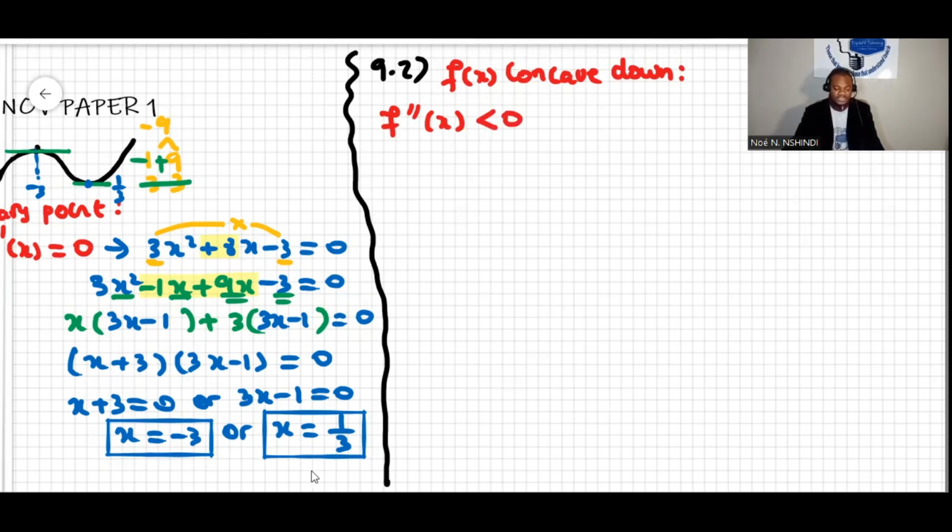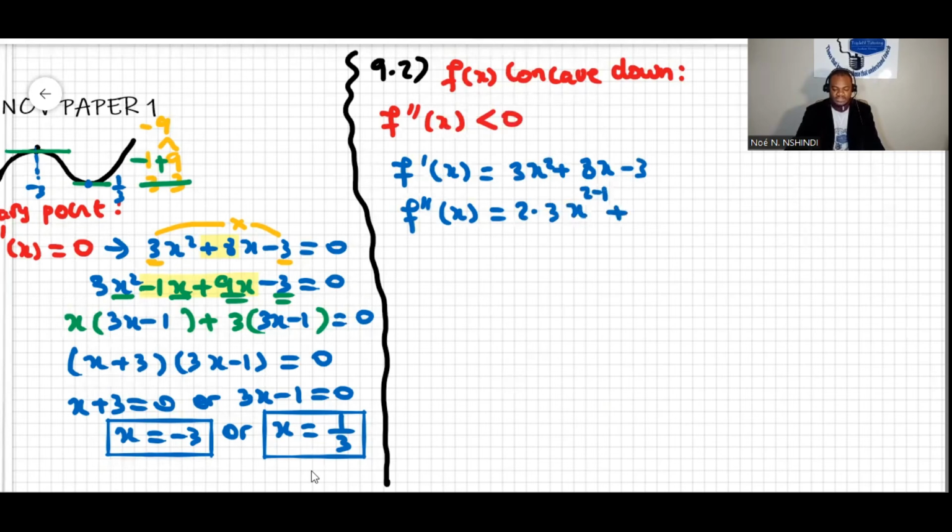Now we're going to differentiate the first derivative because we had the first derivative given, which was 3x squared plus 8x minus 3. Okay, now the second derivative, following the derivative property, is going to be 2 times 3x to the power of 2 minus 1, plus over here by x we have like 1, so this will be 1 times 8 times x to the power of 1 minus 1, and then minus 3, which is 0 because 3 is a constant.